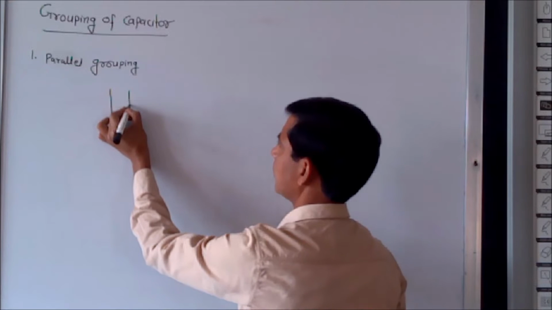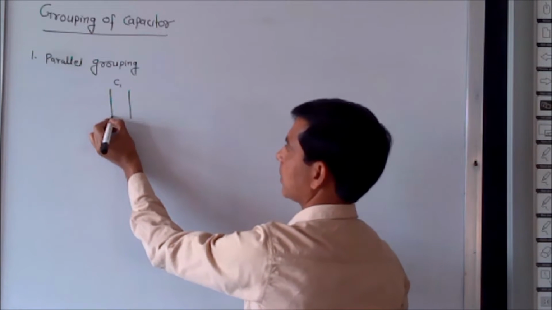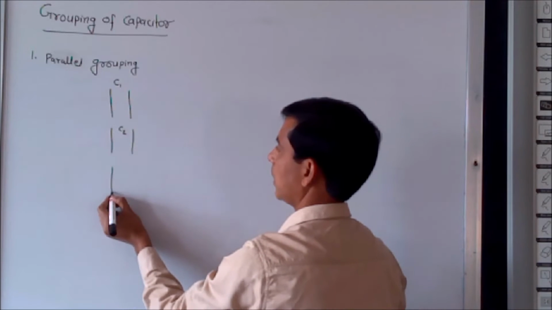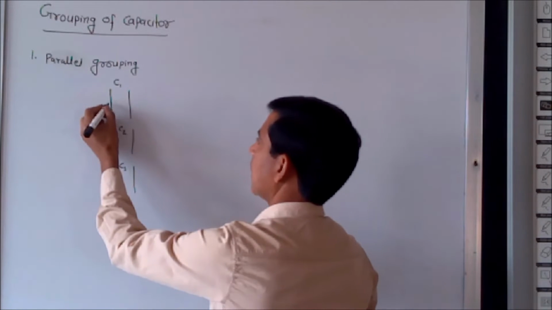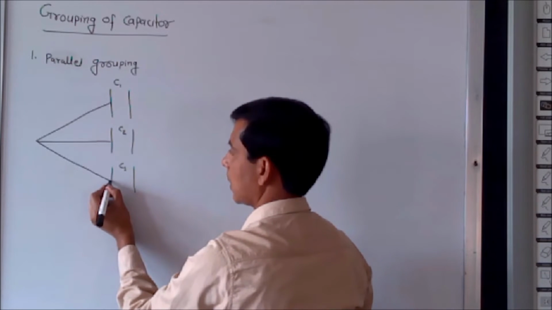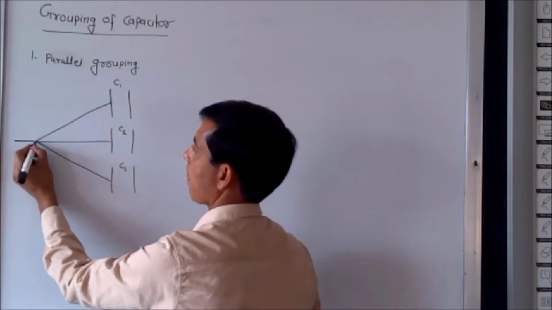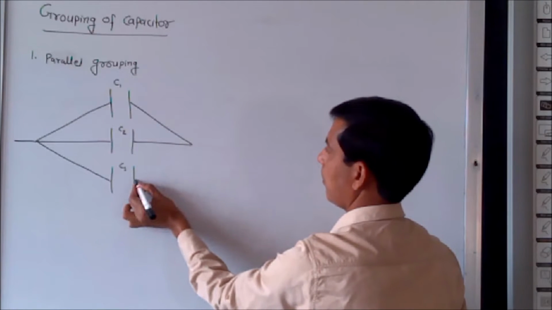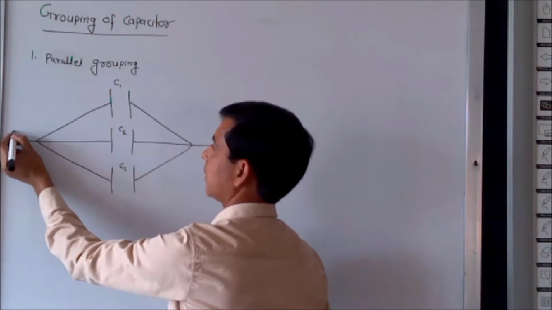Then the diagram: suppose we have three capacitors of capacity C1, C2, C3, connected in such a way that the first plate is connected to a common point A and the other plate is connected to the other point B.